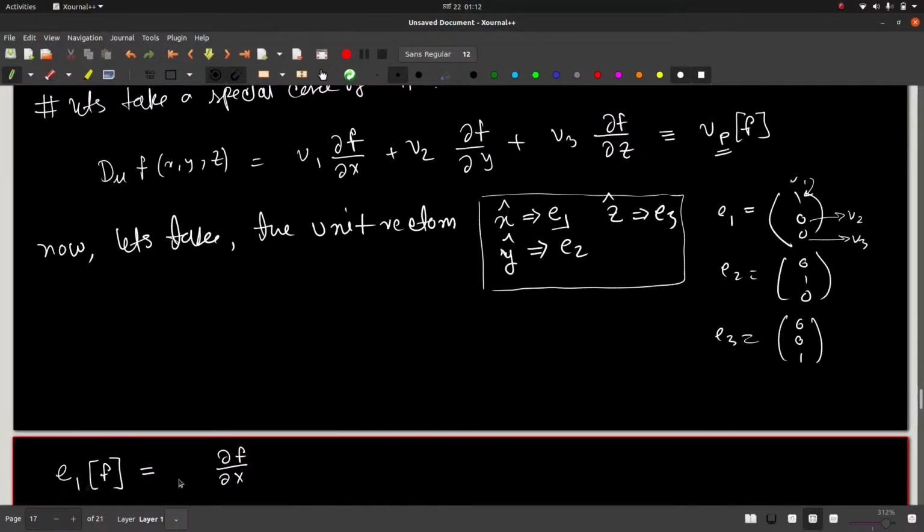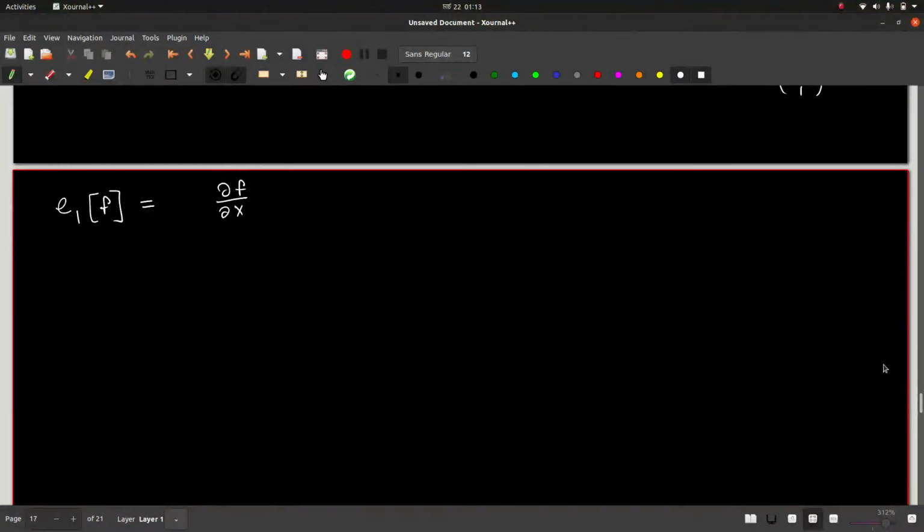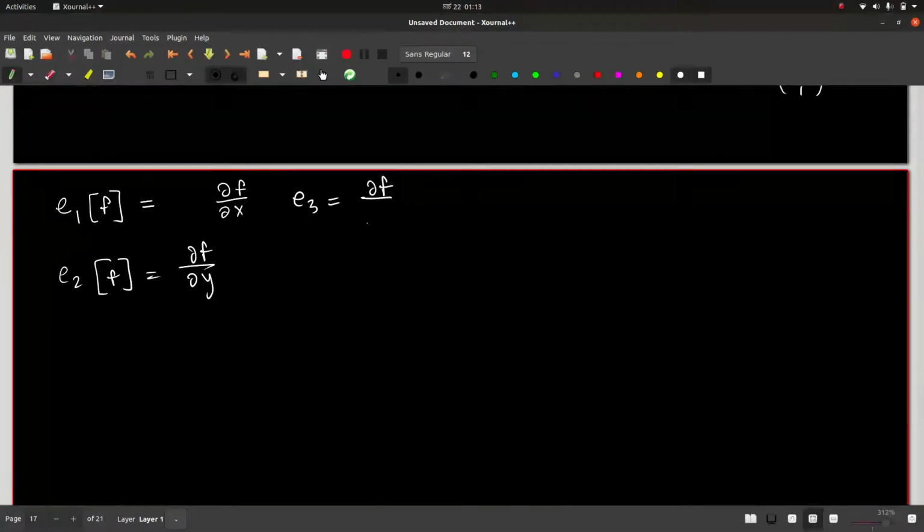So from here you can see that you are taking a function, then you are using some mapping on that function, which is e1, and finally this mapping is giving you an output of the derivative of that function with respect to that basis vector. Similarly, e2 would generate ∂f/∂y and e3 would generate ∂f/∂z.